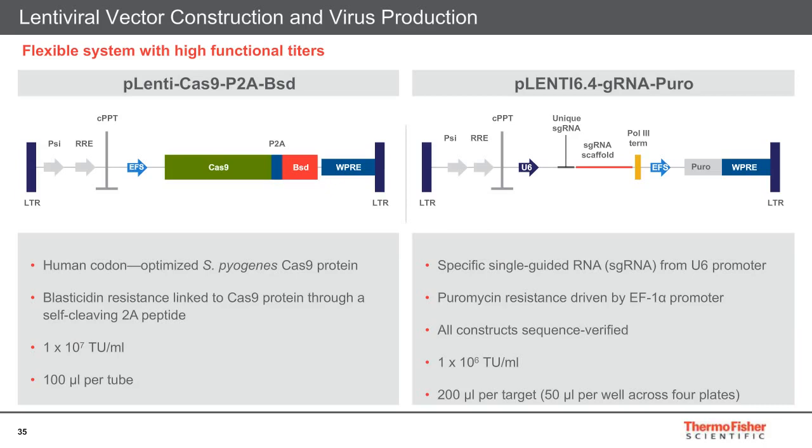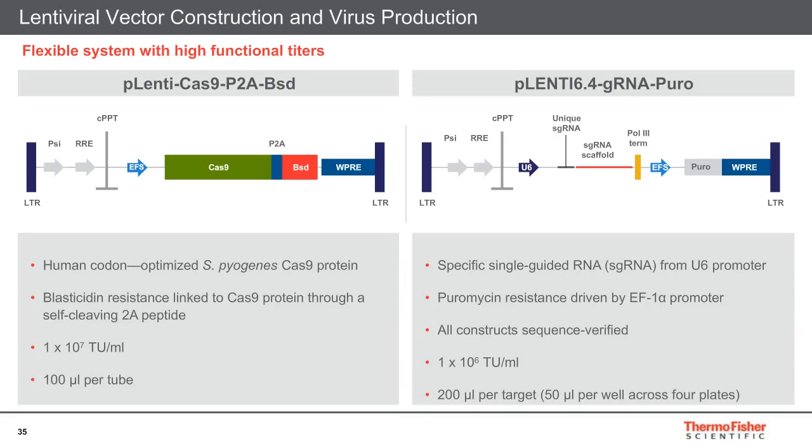I would like to point out one thing here. For the lenti guide RNA, we have intentionally not used any fluorescent markers, so that when people use it for HCS assays, you don't lose one channel during detection.